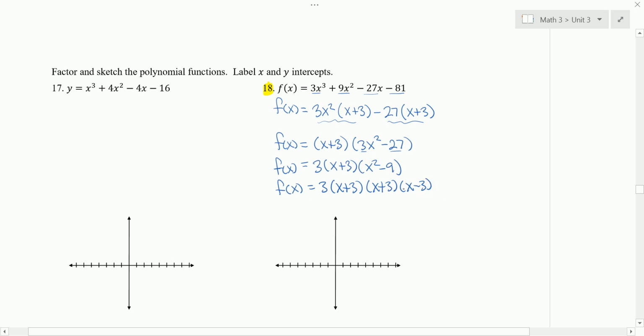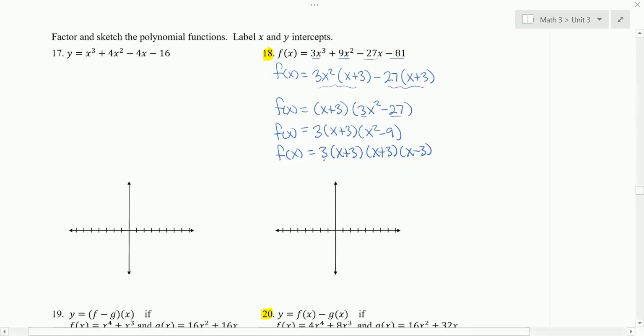Now each linear factor with a variable gives you an x-intercept. The 3 is not going to contribute to our x-intercept. But if we set x plus 3 equal to 0, you get x is negative 3. The other x plus 3 is going to give you the same answer.